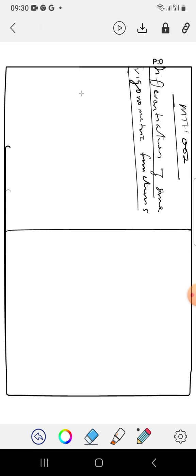Let's look at sine theta, for instance. But before we do that, let's have a recap.